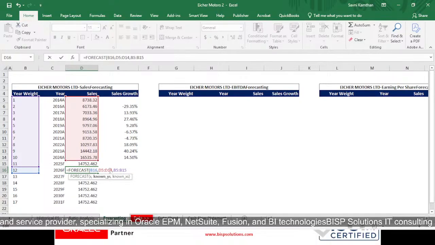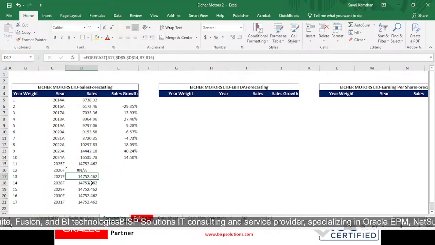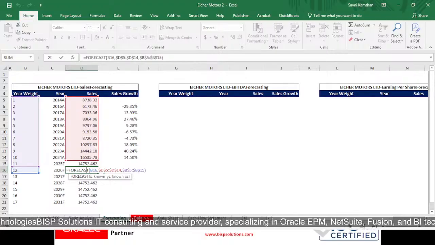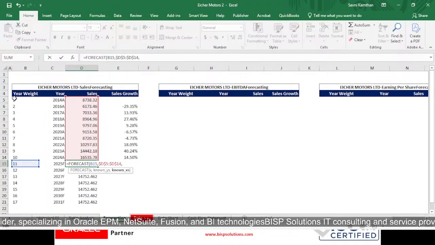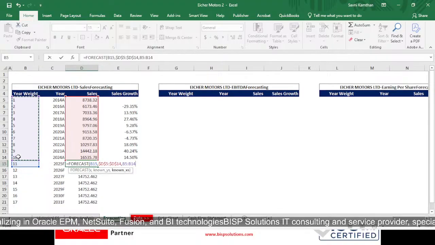Now if I move to my sales, I will be pressing F4 and F4 also over here, and F4. Right, now done. So it is showing me an error, what have we done wrong over here? No, just a second, we have to do it over here also. Before selecting this, we will be doing F4 to both, and done.